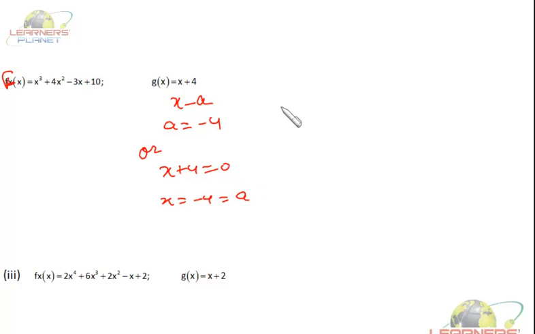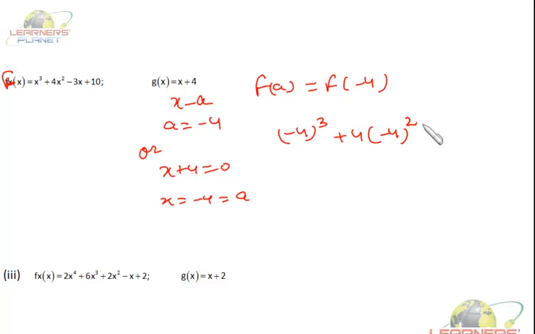Now what we have to calculate? We have to calculate f(a), that is f(minus 4). So put the value of x as minus 4 in this expression. So it's minus 4 cube plus 4 into minus 4 square minus 3 into minus 4 plus 10.